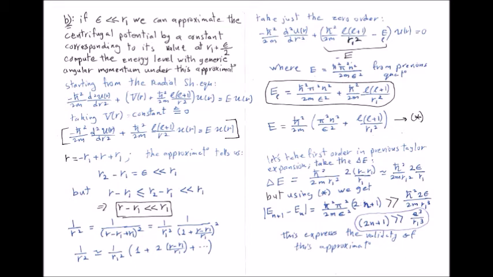So by a similar procedure, I can find the value of E now as also equal to h bar squared pi squared n squared over 2m c squared. By putting it together, I get E_l equal to the sum of two parts: the first is the previous one, plus a new one which depends on l multiplied by l plus 1. Finally, I get this star relationship of E with generic angular momentum.